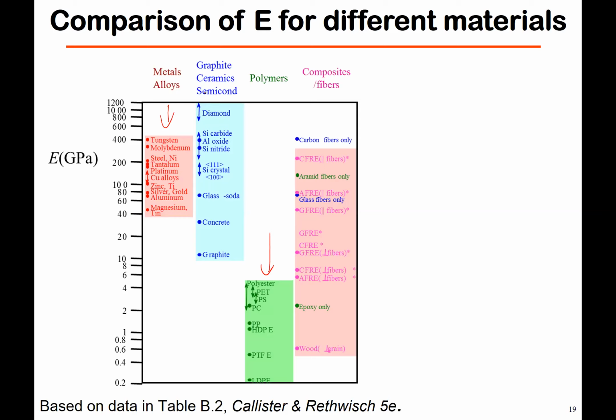And then you also have comparable numbers for ceramics. So you have diamond all the way at the top, but graphite, its allotrope, is at the bottom end here.